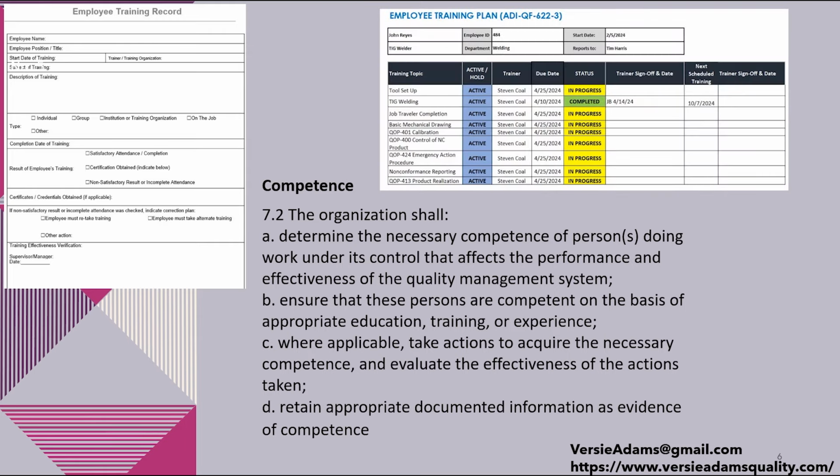Also, when it comes to the competence, like it says here in A, determine the necessary competence of persons doing work under its control that affects performance and effectiveness of the quality management system. So in this example, this is an employee training plan. It's based on this employee's position within the organization, and it's defined based on his position within the organization.